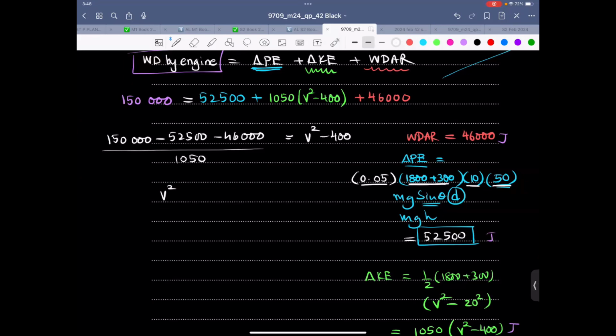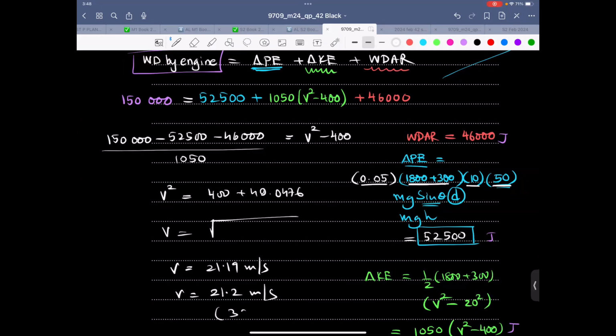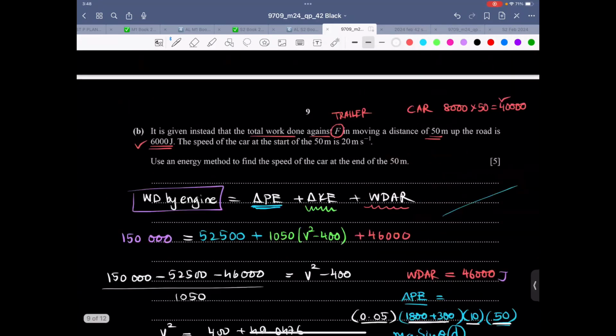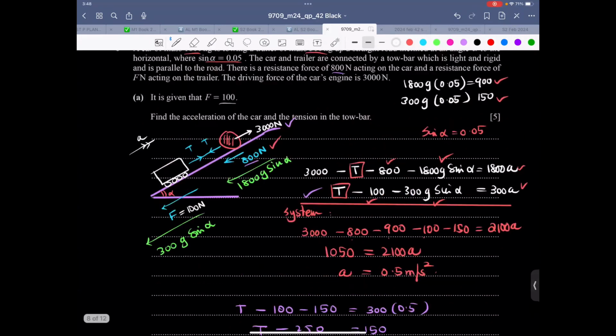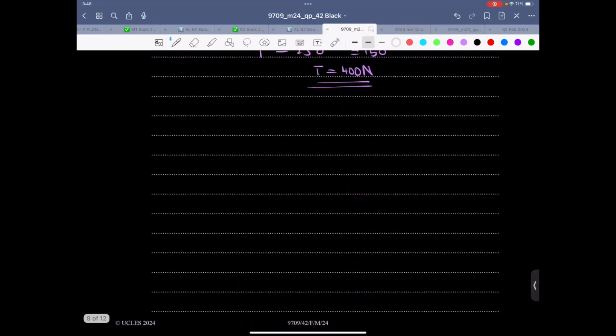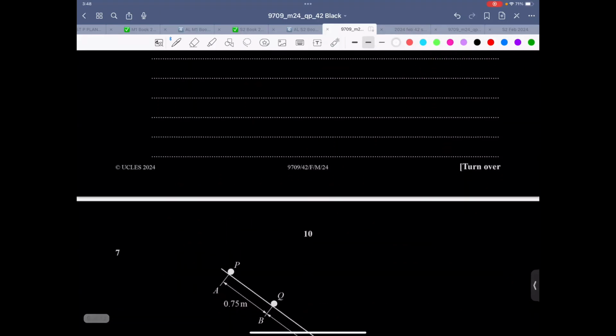So therefore, v square is 400 plus 49.0476. Therefore, v is square root of this value, and v comes out to be 21.19 meter per second, which can be written as 21.2 meter per second, given correct to 3 significant figures. So that was a slightly challenging question in which you have to take care of everything. So question number 6 is done.